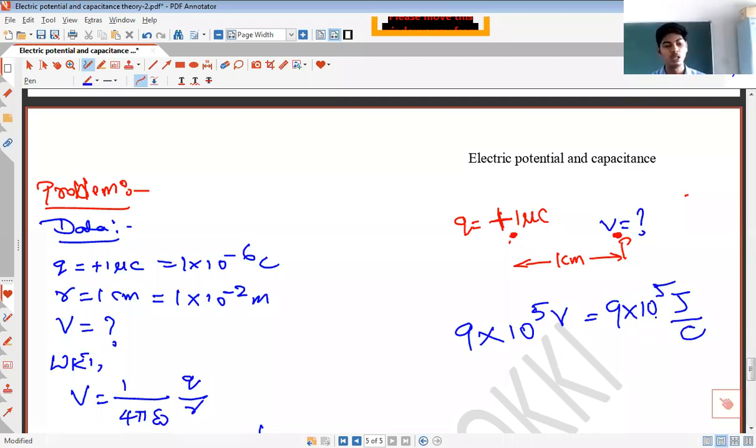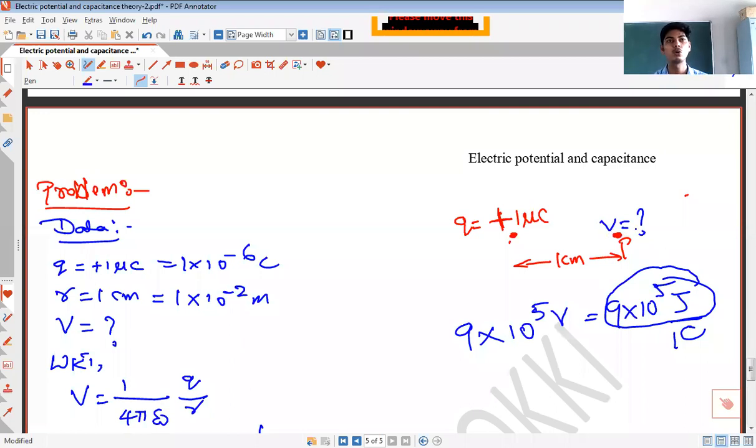This means in order to move a charge of 1 coulomb from infinity to point P against the electric force exerted by 1 microcoulomb, you will have to do a work of 9 into 10 to the power of 5 joules. This is the meaning of the potential at this point.